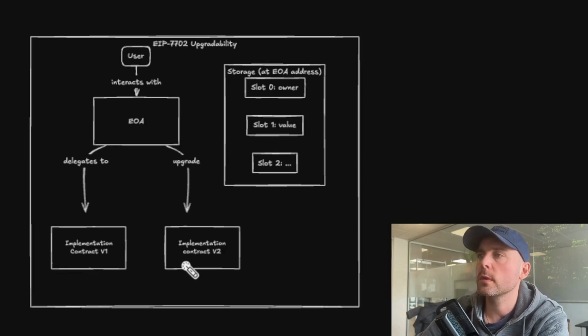Storage collision occurs when the new implementation contract that the proxy or EOA upgraded to has a different storage layout than the prior implementation and thereby might override some existing storage values with new variables. But let's have a look at what this looks like on an actual smart contract.